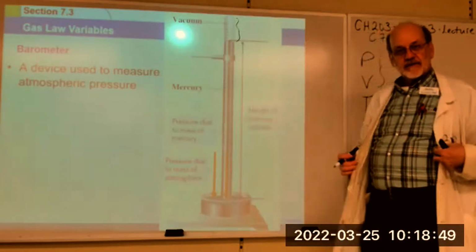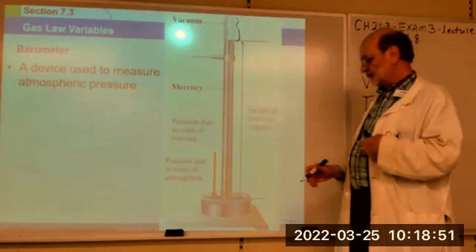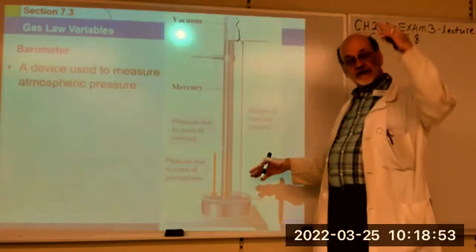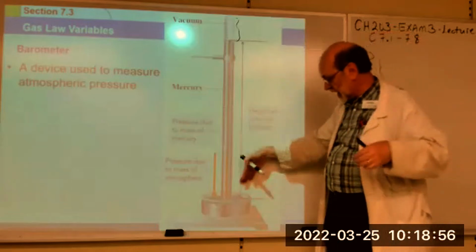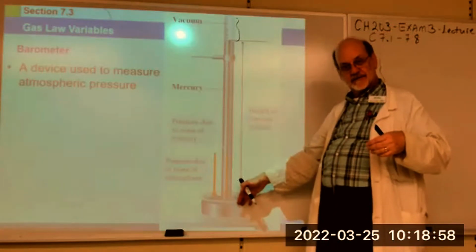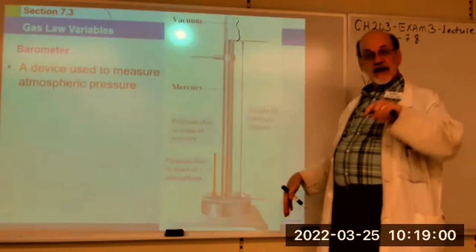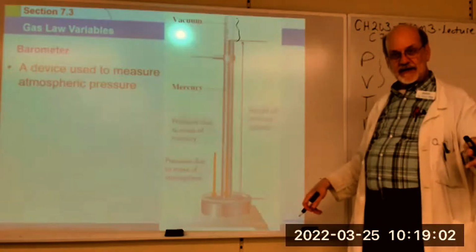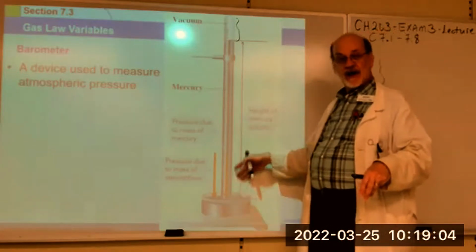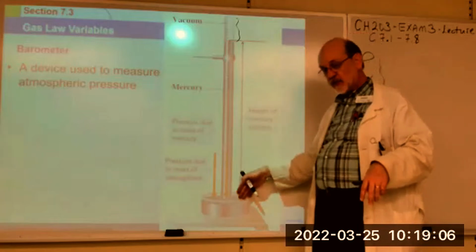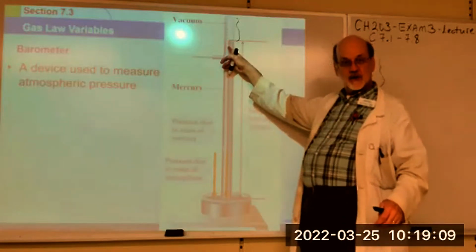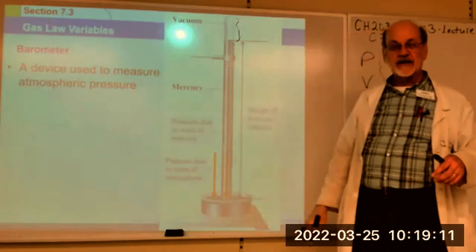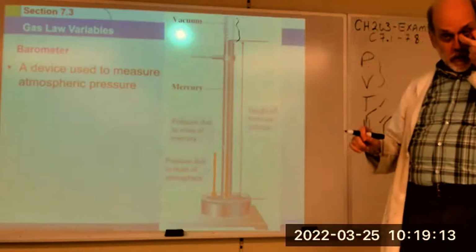He reasoned that the reason for that was at high altitude, there was less air above him pushing down on the pool. True. He went down to the ocean, sea level. Now there's more air above him pushing on this pool. So the column went higher. And he used that to measure air pressure.